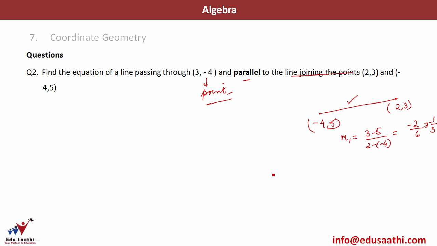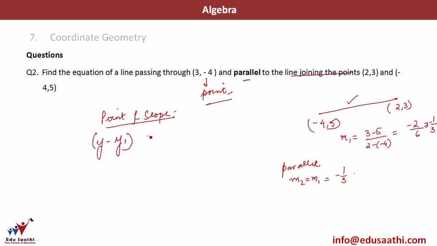Now a line which is parallel to this line would have the same slope, which will be equal to minus 1 by 3. Again I have a point and I have the slope. So I will use the point slope form, which will be y minus y1 equals m into (x minus x1).